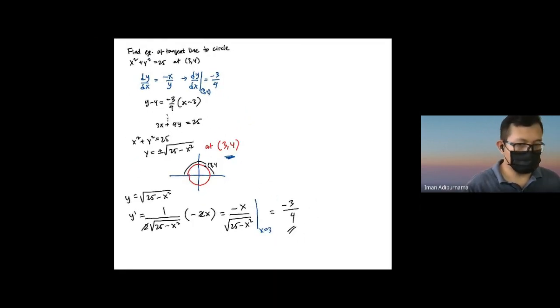Let me give you another example for the implicit one, and then the second derivative with implicit, and then maybe we can move to the other section.